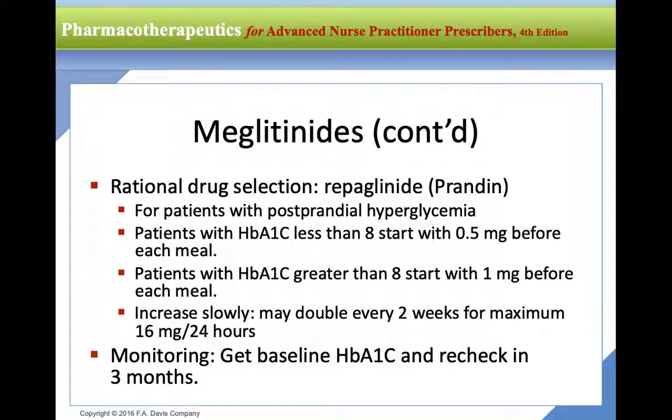You're probably talking 0.5 to 0.75%. And most of our patients need an A1C decrease of more than that. Your quality medications will give you an A1C decrease of 1 to 2%, and you'll see that later on in the slide.